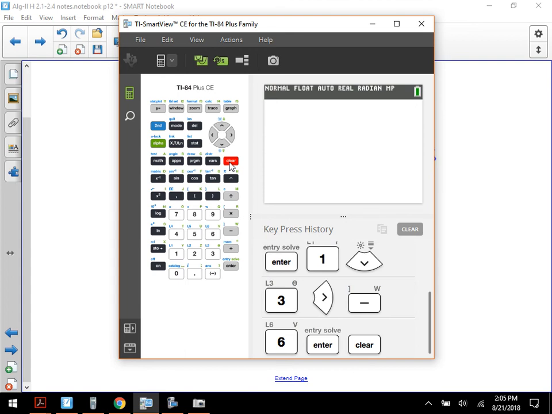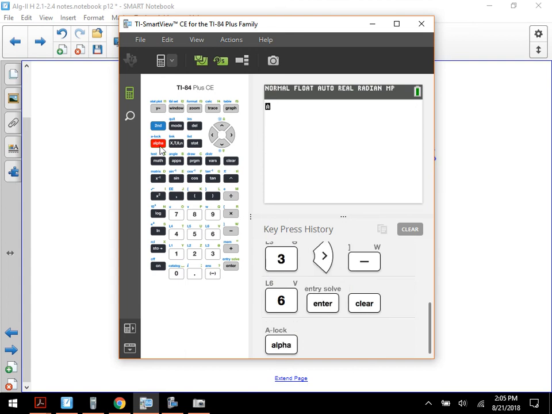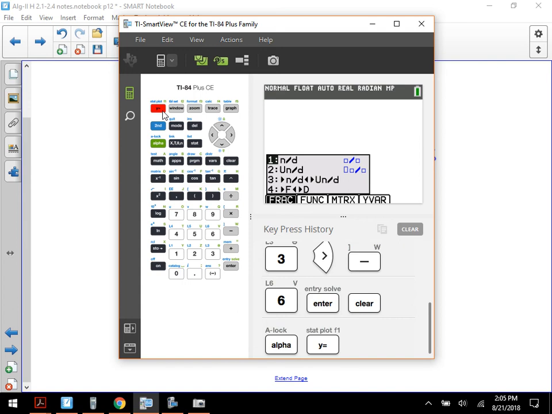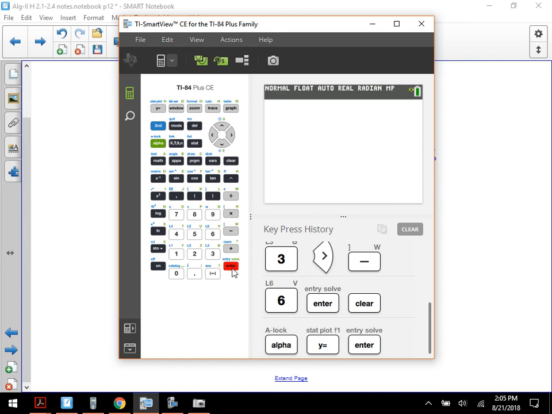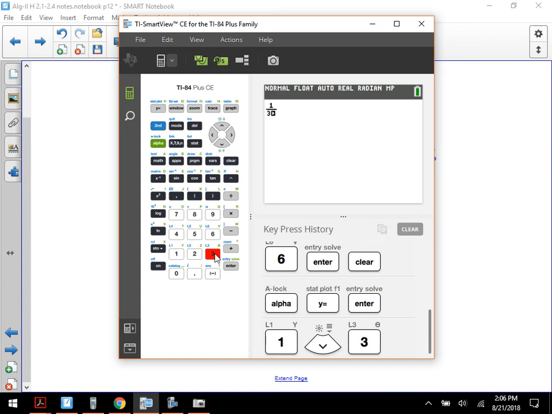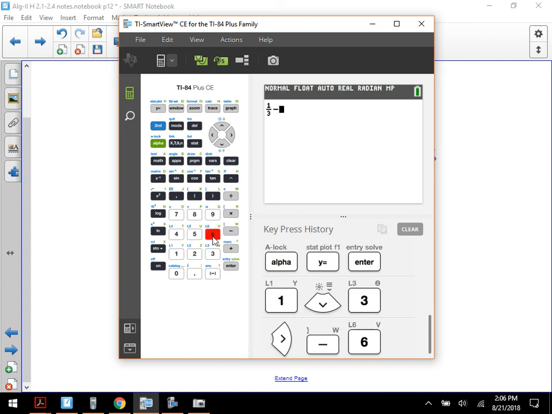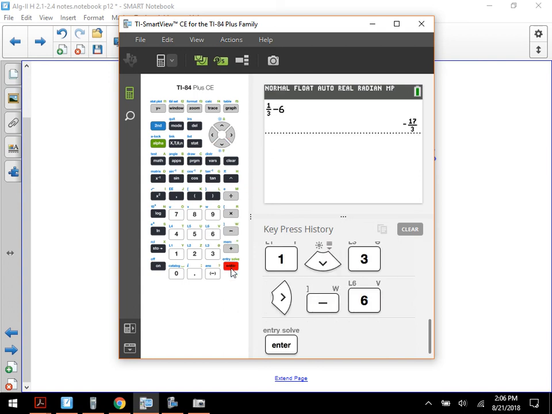Alpha, y equals. Enter. Make your fraction bar. 1/3, hit the right arrow, subtract 6. 1/3 minus 6. Once you input it with a fraction, it'll export it as a fraction. If you input it with a decimal, it'll export it with a decimal.